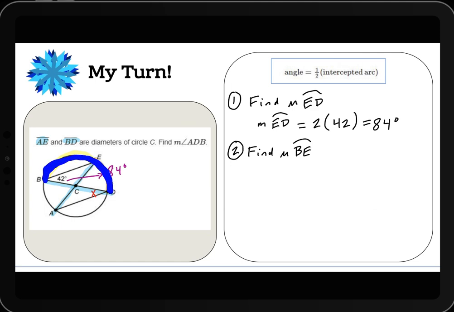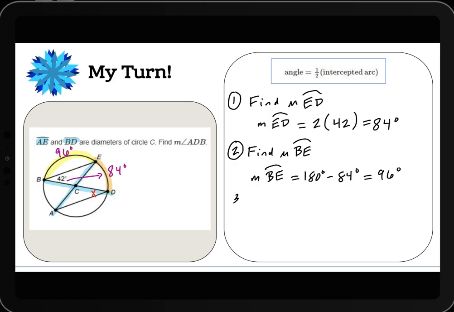So, if that is a semicircle, that means I can find the measure of arc BE by simply taking 180 degrees and subtracting from 180 the 84 degree angle. That's going to get me 96 degrees. So this is now a 96 degree measured arc.